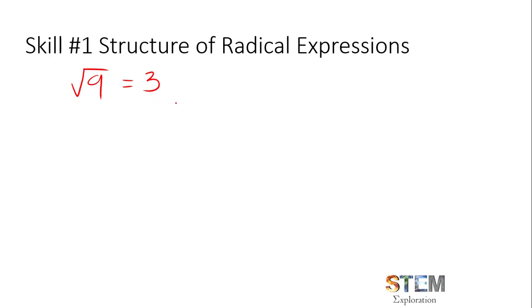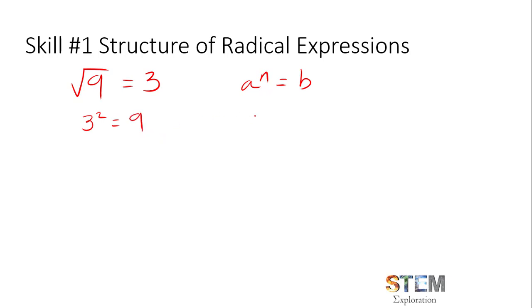What you may not know is that this is actually an inverse operation to the power function. So if we say, for example, a to the nth power is equal to b, the opposite operation to a square root function would just be saying that if you have 3 squared, that is equal to 9.